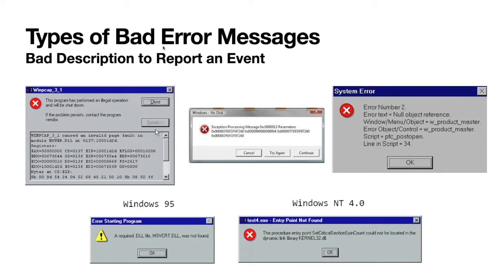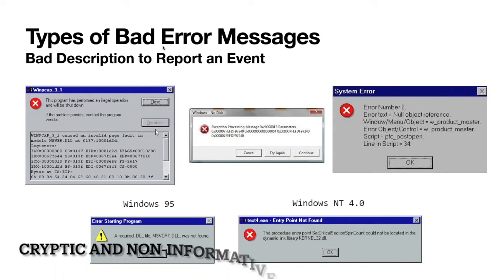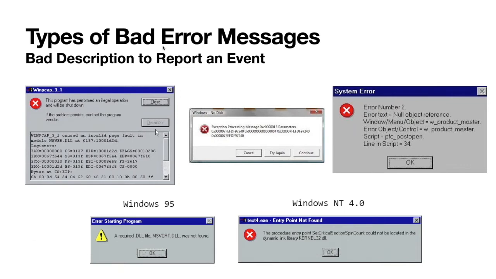I like this slide because, I'm not so sure how familiar you are with previous versions of Windows, but back in the day when we used to run Windows 95, or Windows NT, or maybe Windows 3.1, there was a situation when something went wrong, and then we got messages like what you're looking at right now on the screen. Very cryptic, not informative, maybe very technical, so that only a few people in the world know what's happening.